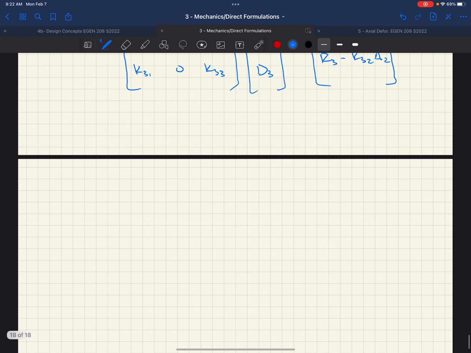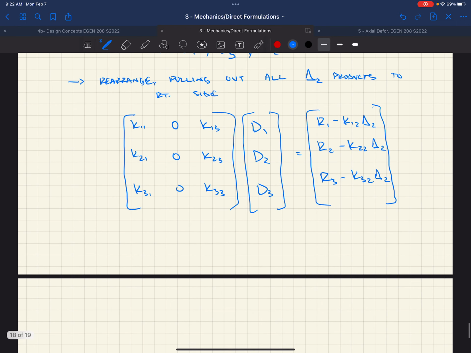Well, we have, unfortunately, some problems with this. One is that there's no symmetry, so this will end up being singular if we take the inverse of this matrix, which we're going to want to do, right, to calculate our displacements, and then using those displacements, we can calculate our forces.